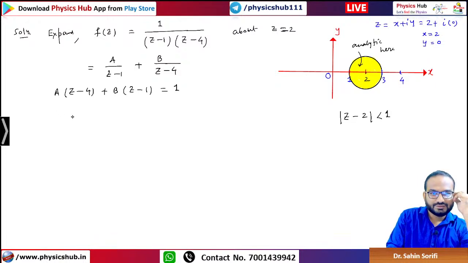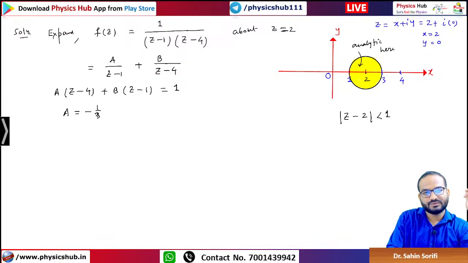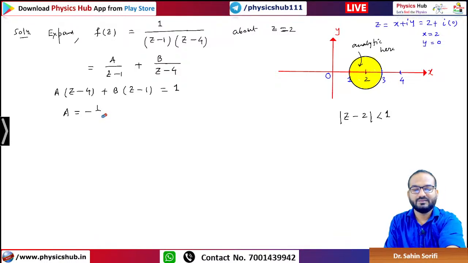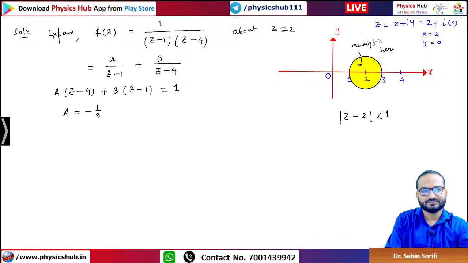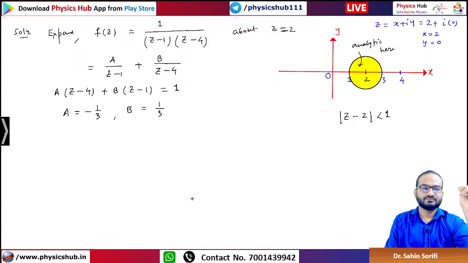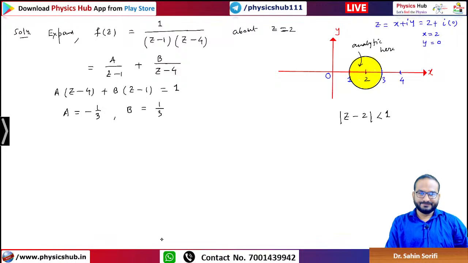You will get a equals minus 1/3 and b equals plus 1/3. Can you get it? Just put z equals 1, then a will be minus 1/3, and put z equals 4, then b will be plus 1/3.